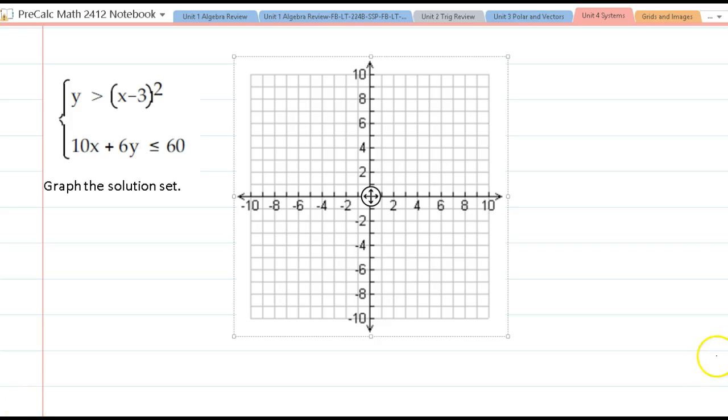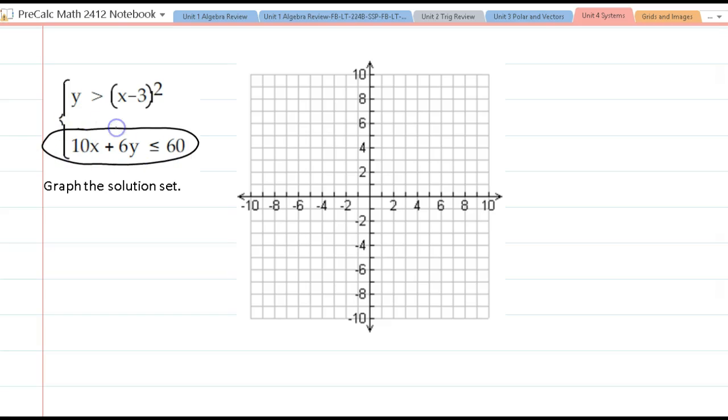The next problem I'm going to review is solving this inequality system. I think the vast majority of us were pretty good about drawing this line, but I'm going to go over that really quick. If I let x equal 0 for this line, then I get 6y equal to 60, so y must equal 10.